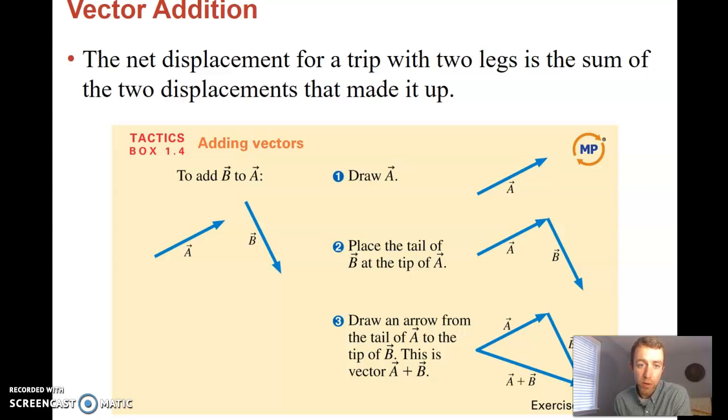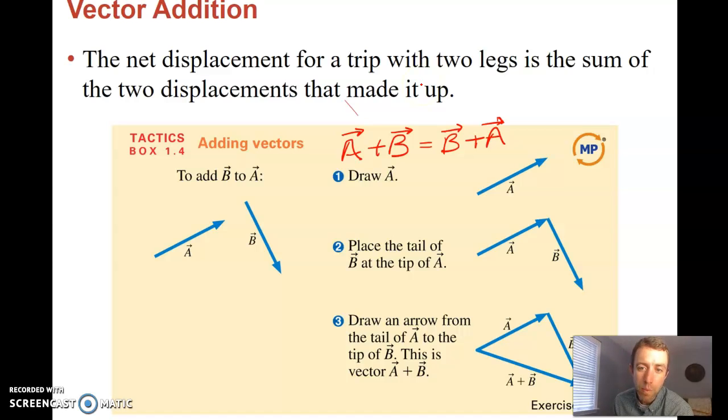Vector addition is commutative. If you remember that from math class, probably long ago. So basically what that means is that A plus B, with the vector notation up top, is the same as vector B plus A. And of course that's true in regular addition, and it is also true in vector addition.